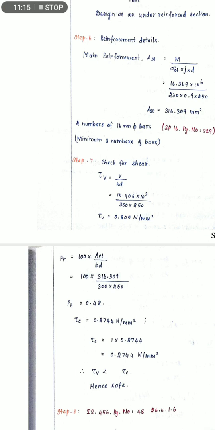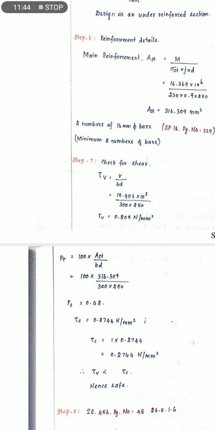The first step is the nominal shear stress, that is tau v equal to V by bd. V is shear force, which we already found, b is breadth of beam, and d is effective depth, from trial 2. Then tau c. The concept is to compare tau v and tau c. Tau c is permissible shear stress, tau v is nominal shear stress.